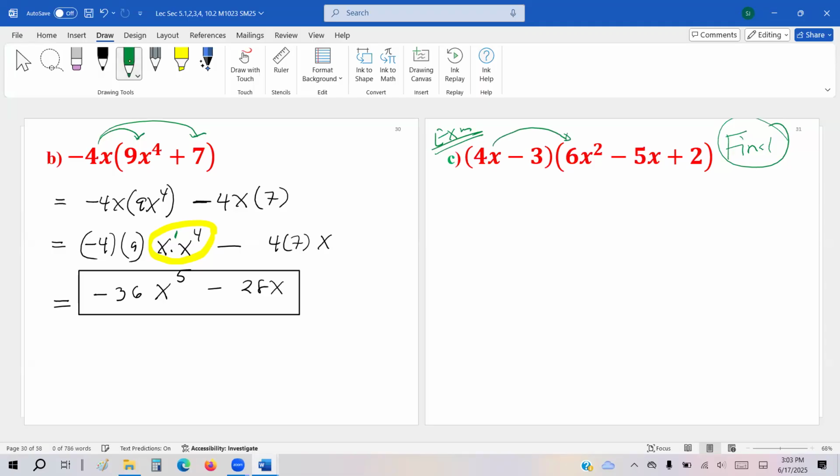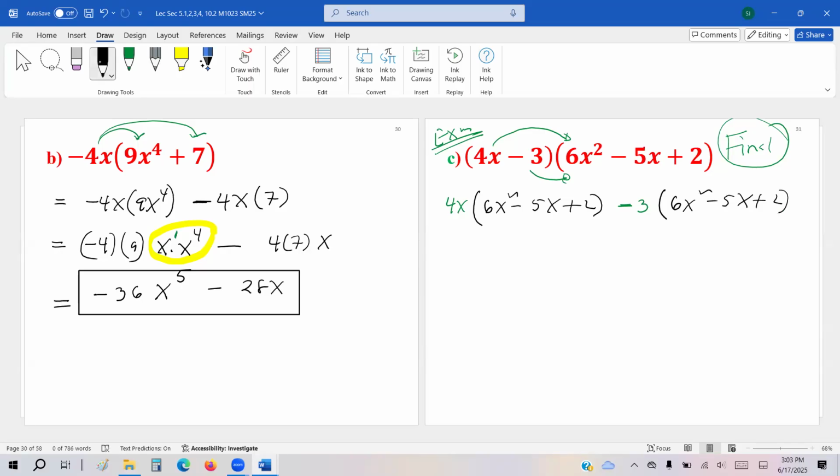So first step, you distribute your 4x, you're multiplying the entire 6x squared minus 5x plus 2, and then -3. So you have -3, and you're multiplying the entire 6x squared minus 5x plus 2.